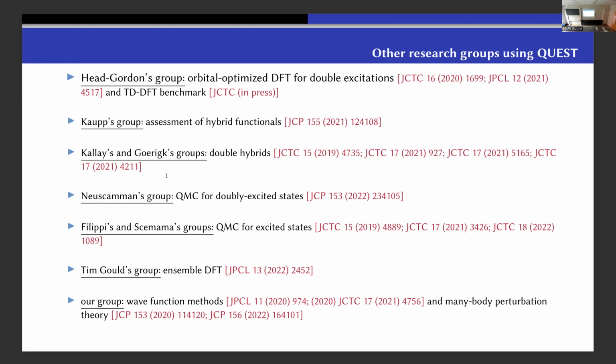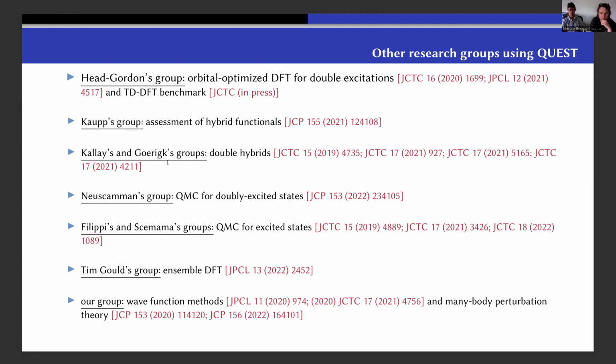The Adamo and Goerigk groups are using those reference data to benchmark double hybrids as well, and they have done lots of papers on this. Eric Neuscamman's group is using that for QMC, for doubly excited states. Claudia Filippi and Anthony Scemama's groups are also using some of the data to test QMC for excited states, and Tim Gould for ensemble DFT.